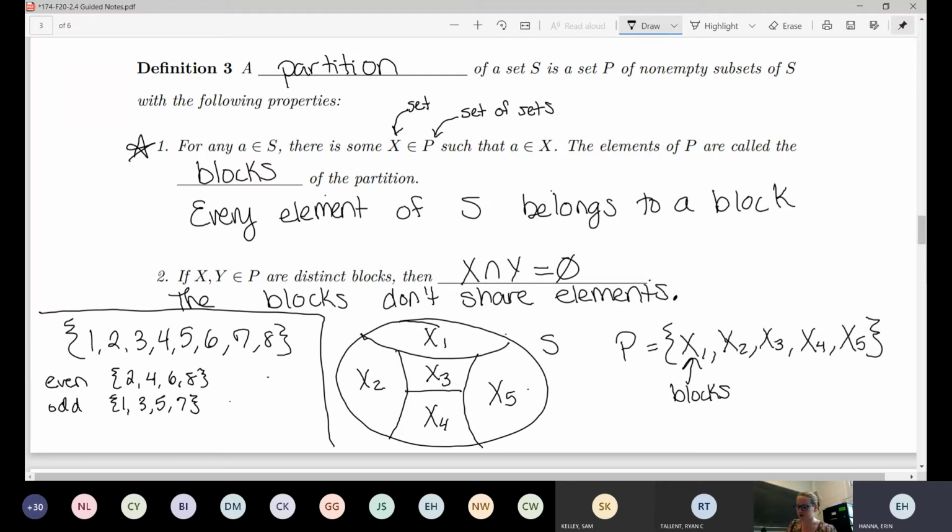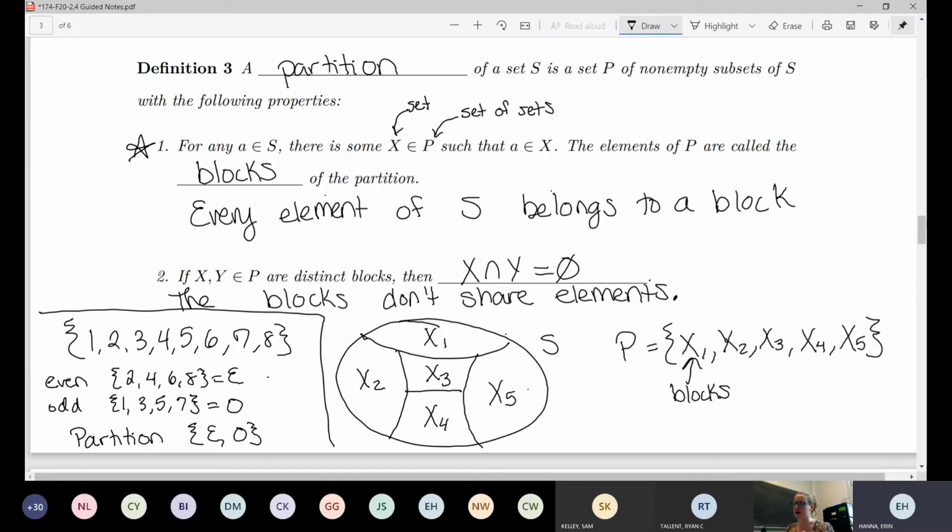Say I name the even one E and the odd one O. So my partition would be made up of those two sets, E and O. Maybe I shouldn't use O because it looks like a 0.